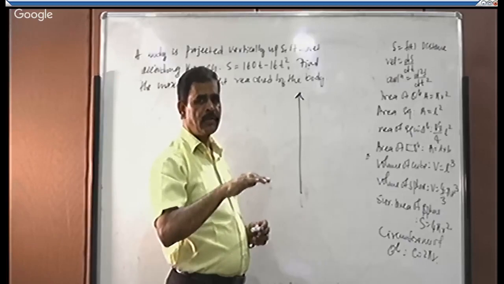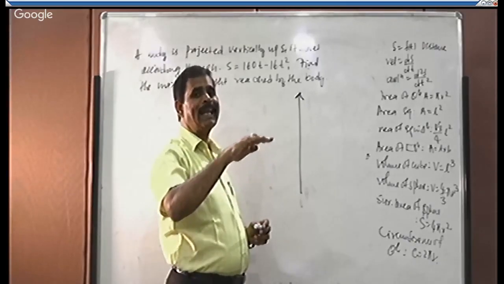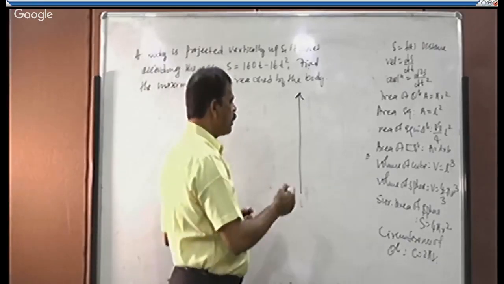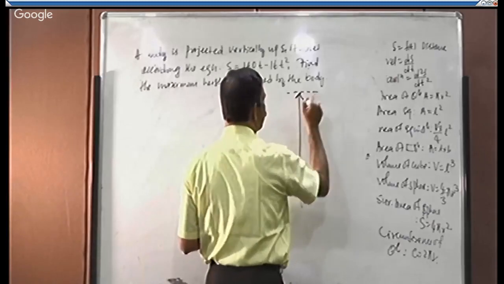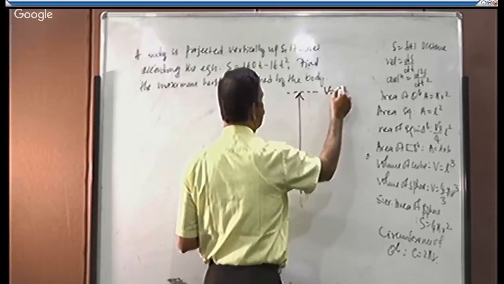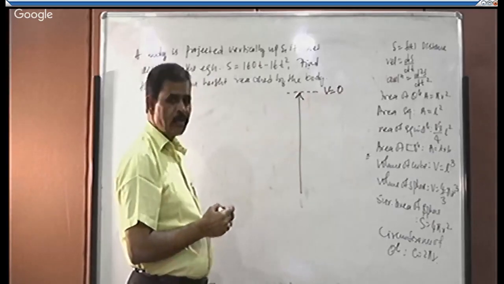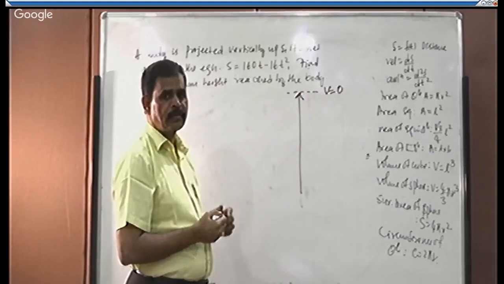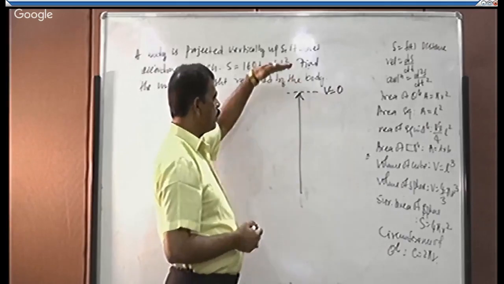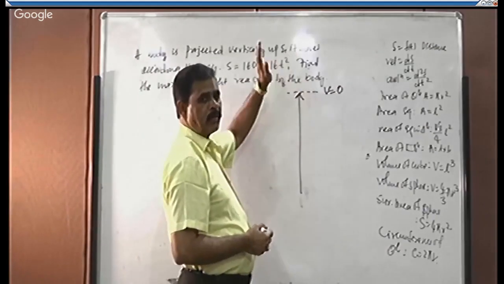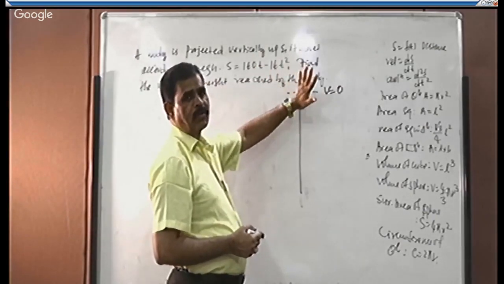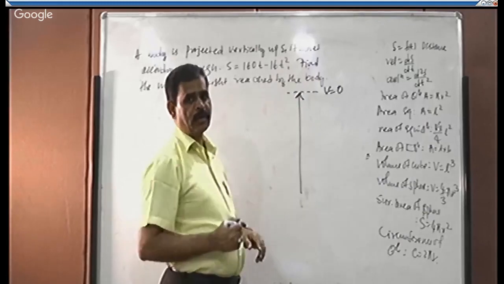Finally, at a particular point, velocity becomes 0. So at maximum height, the velocity is always 0 for a projected body, right?